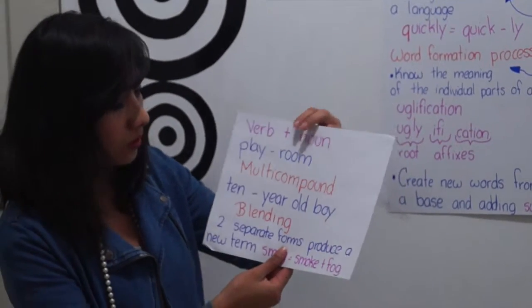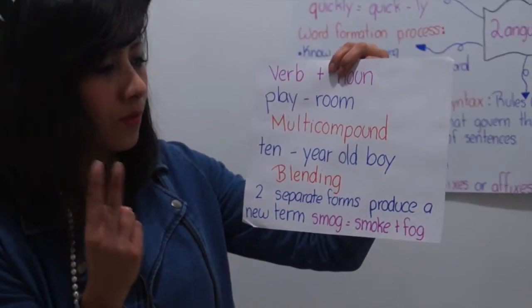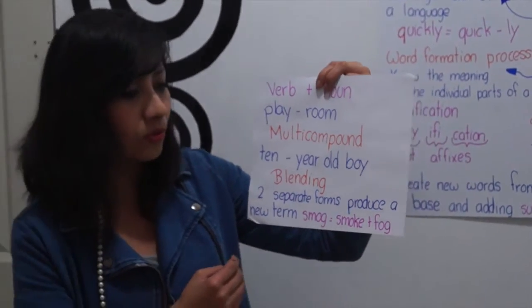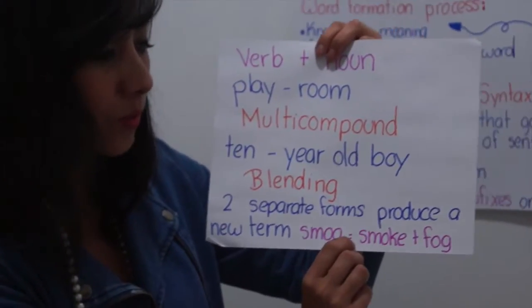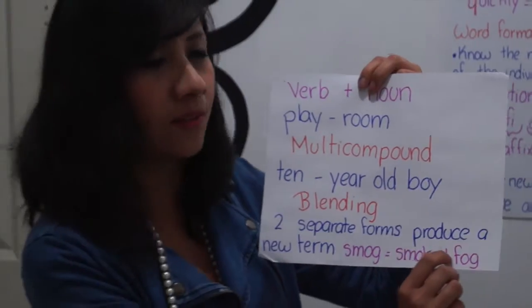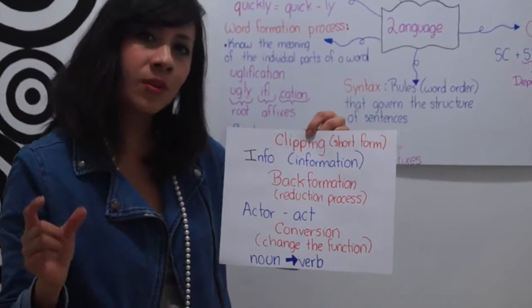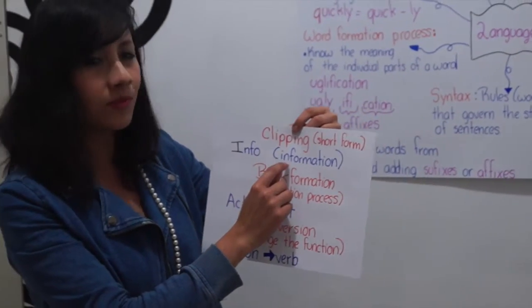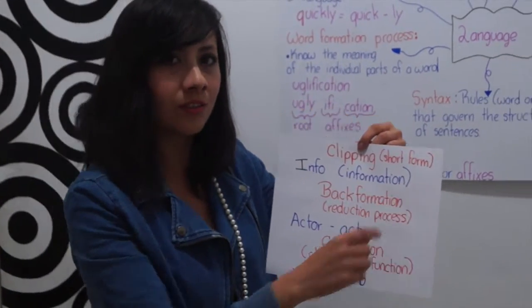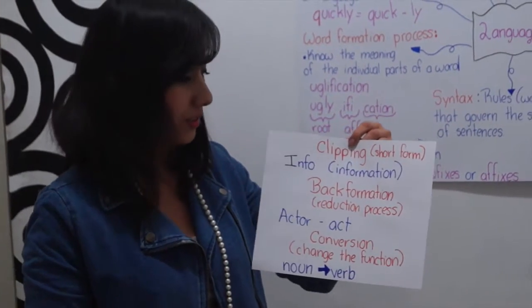We have also blending. That is when two separate forms produce a new term. For example, smog, that comes from the words smoke and fog. Clipping is the short form of the word. For example, info comes from the word information, or doc from doctor.